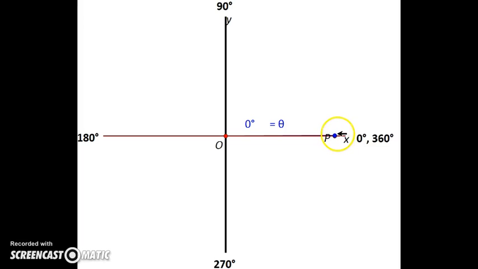Now, let's take that point P, which is on our initial arm, and rotate it 50 degrees. Well, 50 degrees would be in quadrant number 1, simply because it is an angle between 0 and 90 degrees. Notice this blue arrow here shows the direction of rotation.